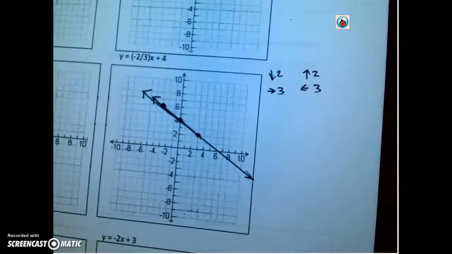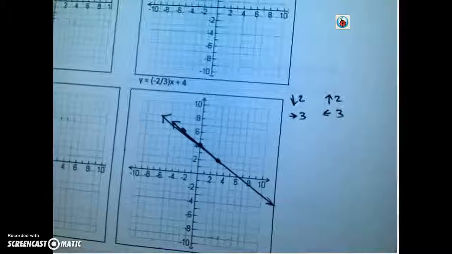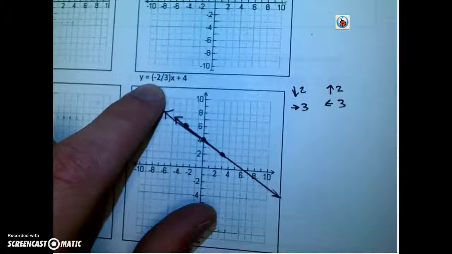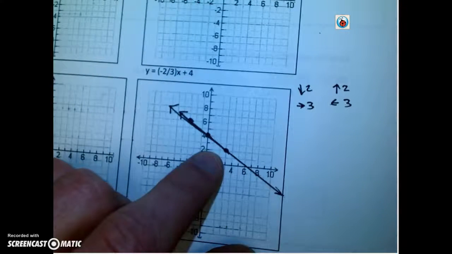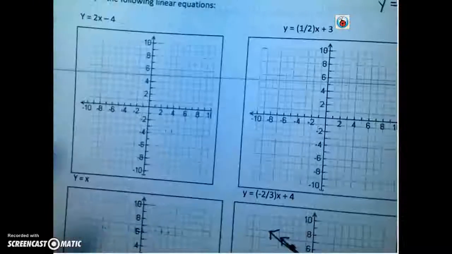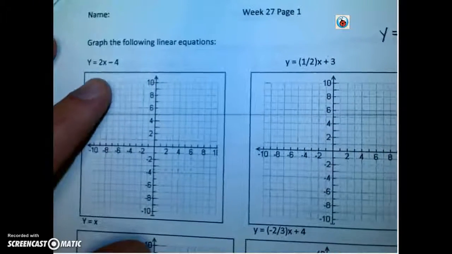There we go. Okay. All right. So remember that that's just telling us to go down 2 over 3. Or if you wanted to reverse that, you just go the other way.